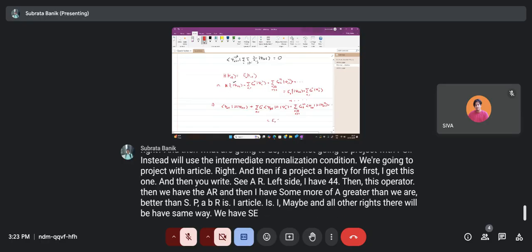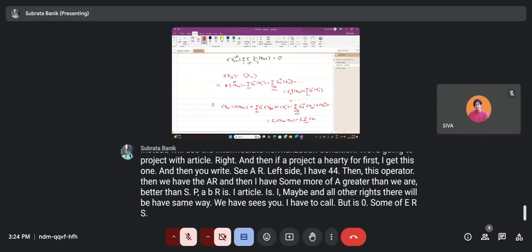We have c0 psi Hartree-Fock, E0, sum over a, r of psi Hartree-Fock c_a^r psi_a^r.